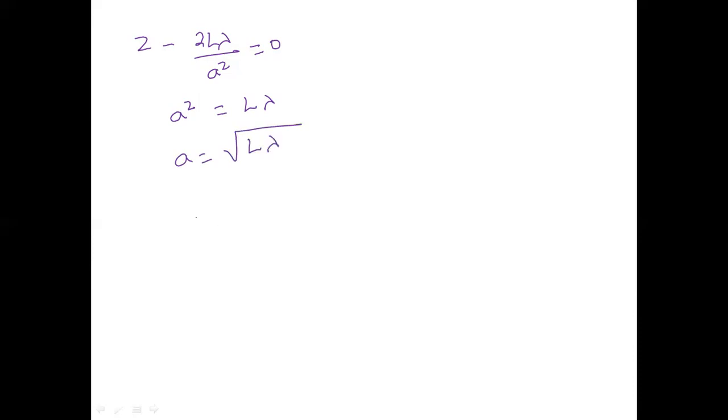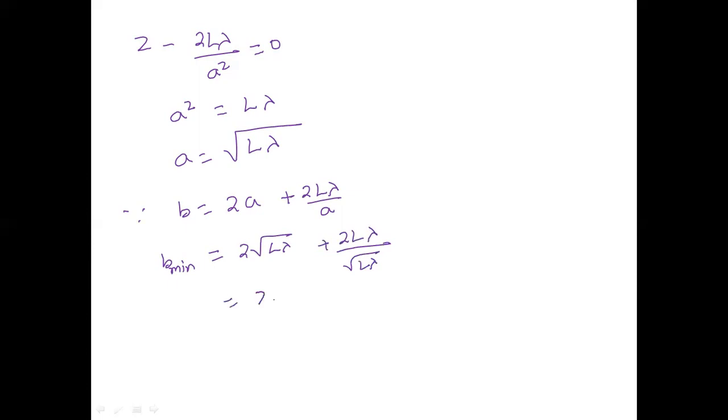Whenever I substitute, since B equals 2A plus 2L lambda by A, B minimum is 2 times under root L lambda plus 2 times under root L lambda. So that is 4 times under root L lambda. This is what B minimum is.